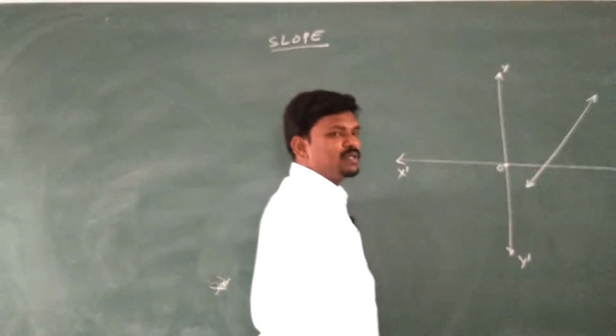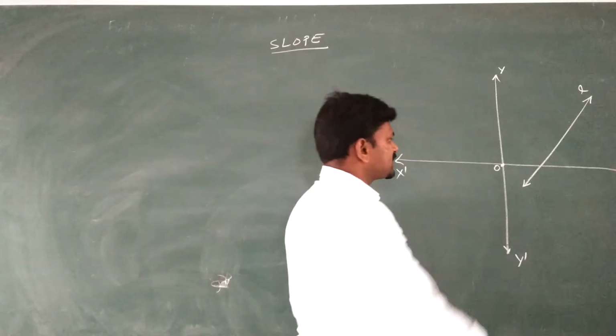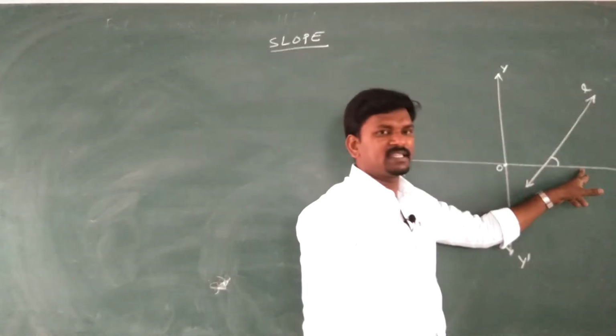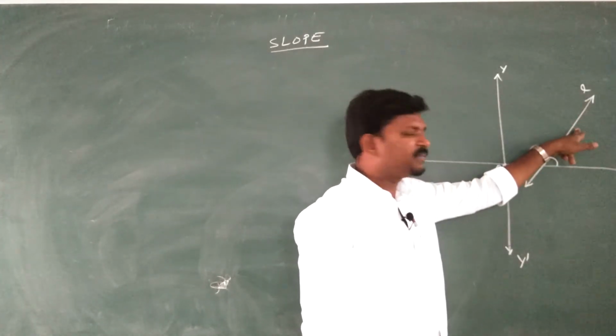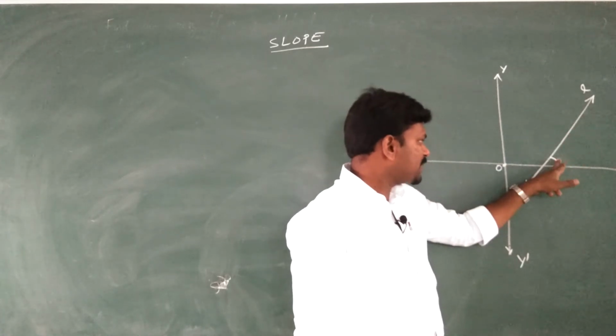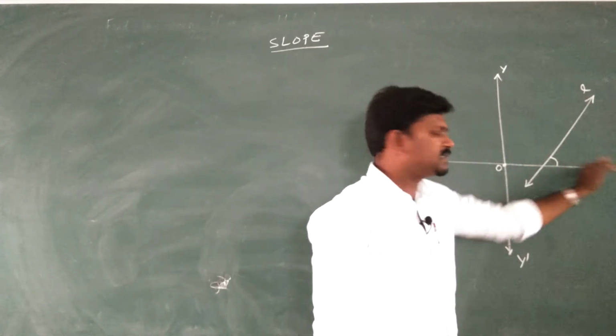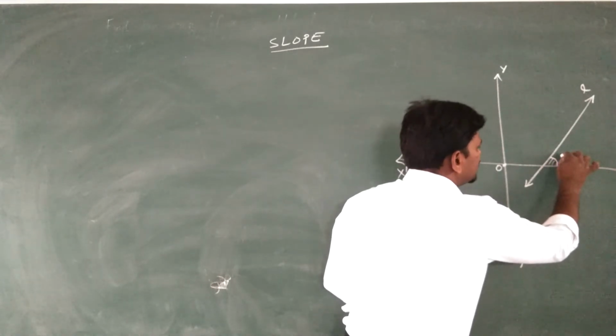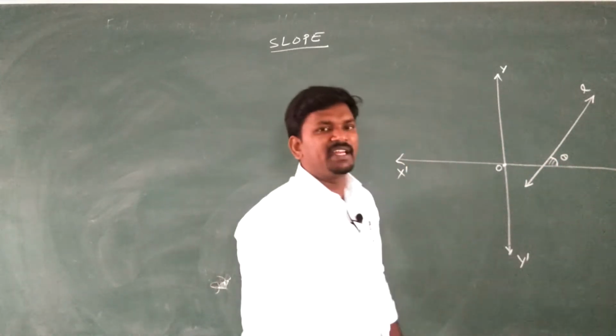Listen, if we draw a straight line, that particular straight line L makes some angle with the x-axis. The angle which the line makes with the x-axis is called the angle of inclination.